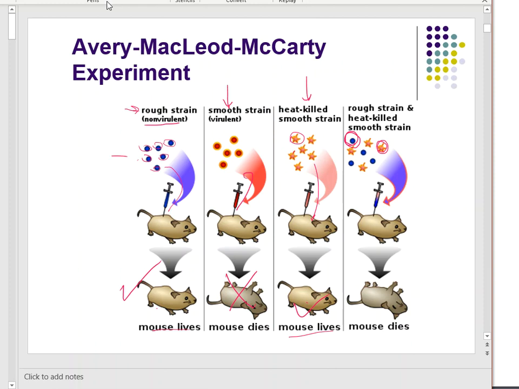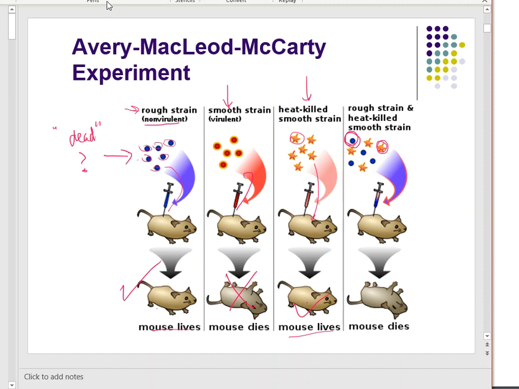So here, it's not really dead, right? That just means that this is not carrying a virus. And because it's not carrying the virus, it's not going to give it to the host. But they're still alive.